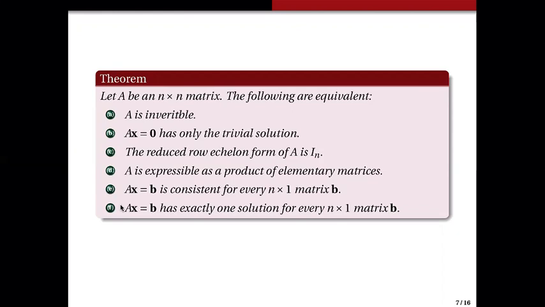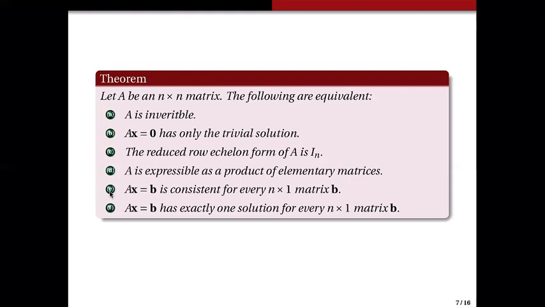So it's enough, maybe, when you want to prove this, to show that, for example, if E is true, then D will be true. Or maybe if E is true, then C will be true, and then if C is true, E will be true.